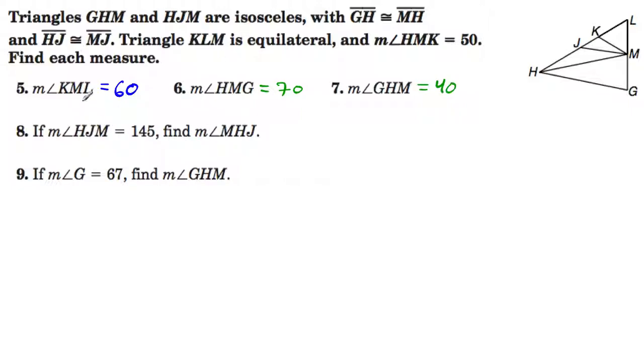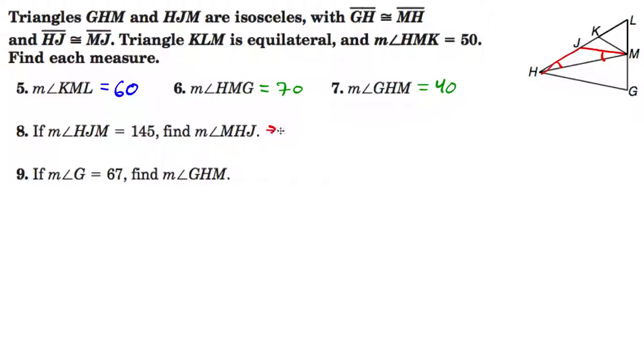All right, and angle HJM is 145 degrees. So HJM, find MHJ. MHJ, so this angle here. Well, we're already told that this is an isosceles triangle. So these two angles must equal each other.